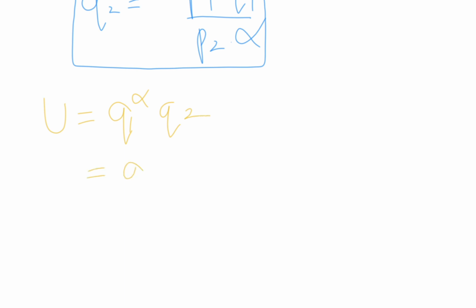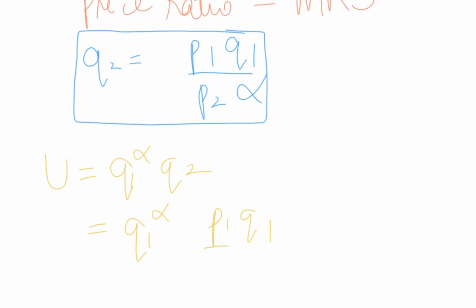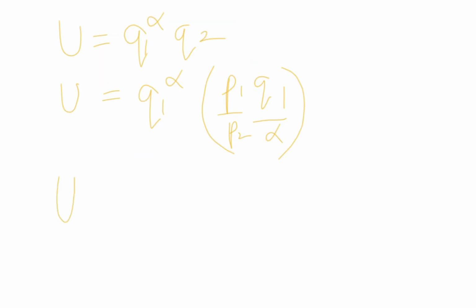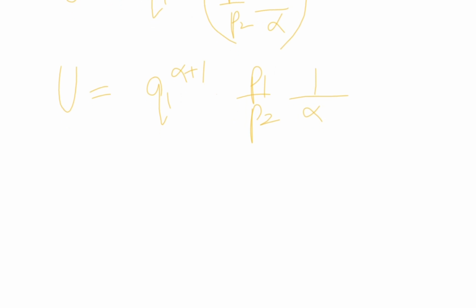In place of Q2 we have the above expression P1 Q1 upon P2 alpha. This comes out to be U is equal to Q1 to the power alpha plus 1 into P1 by P2 will remain as is, and similarly 1 upon alpha.